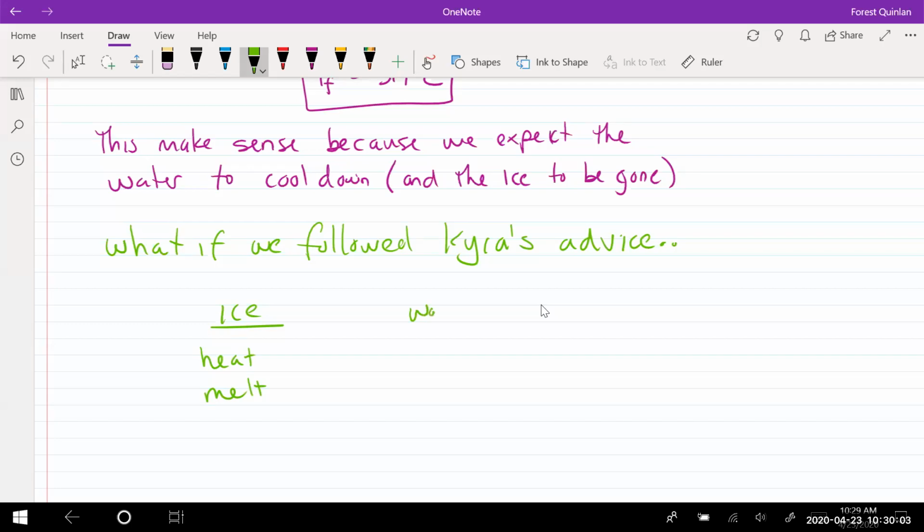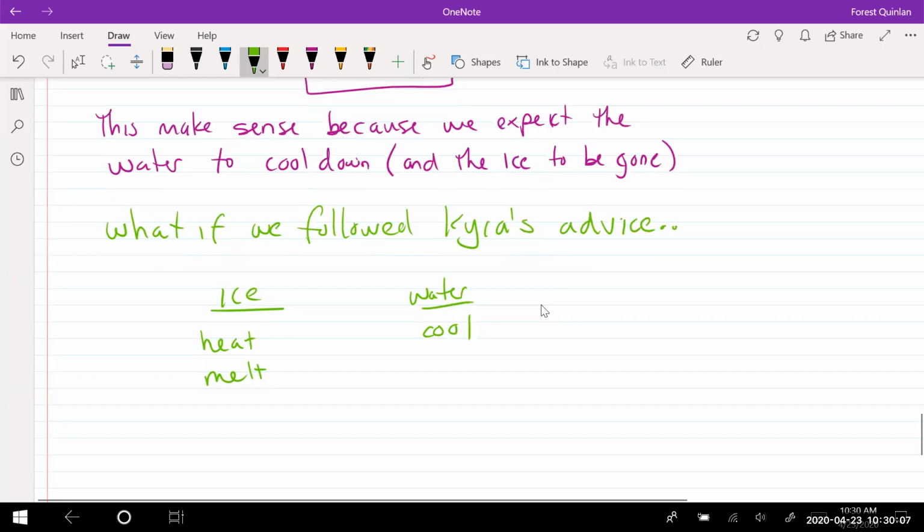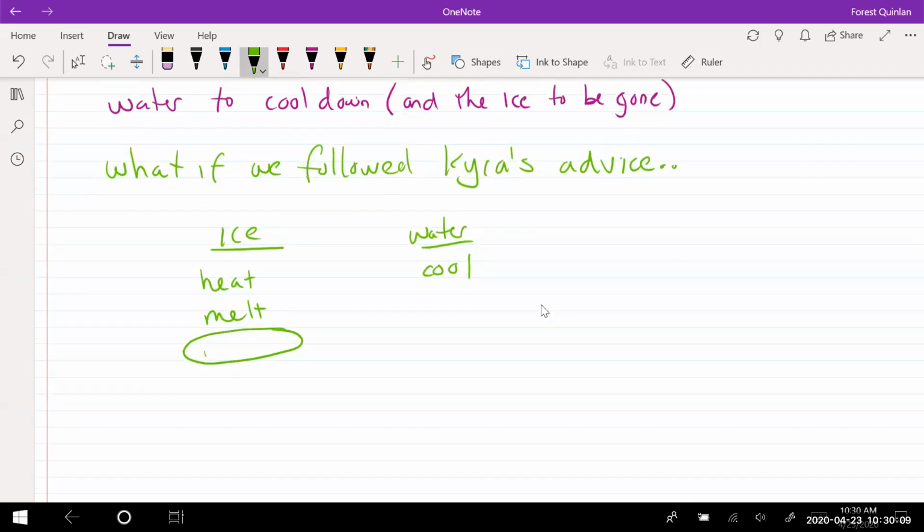And of course, the water was going to cool. Notice we are missing that last little bit. Then the only possibility would be 0 degrees. That is correct.